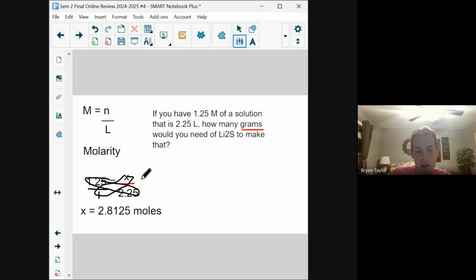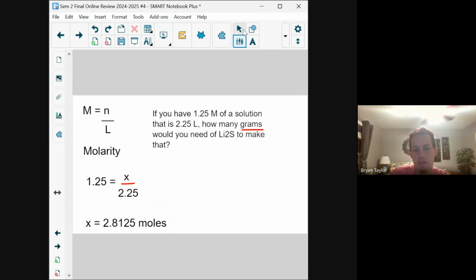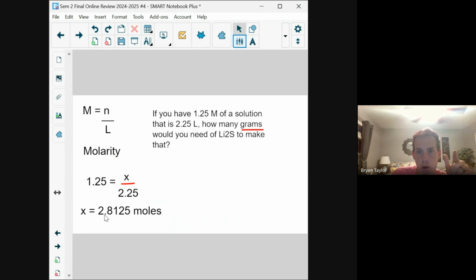The other way to do it is to get x alone. If this is at the bottom, you have to multiply to cancel it out. So if you multiply both sides by 2.25, these cancel, and then you're left with 1.25 times 2.25 again. So either way, it's exactly what Yuritsa said.